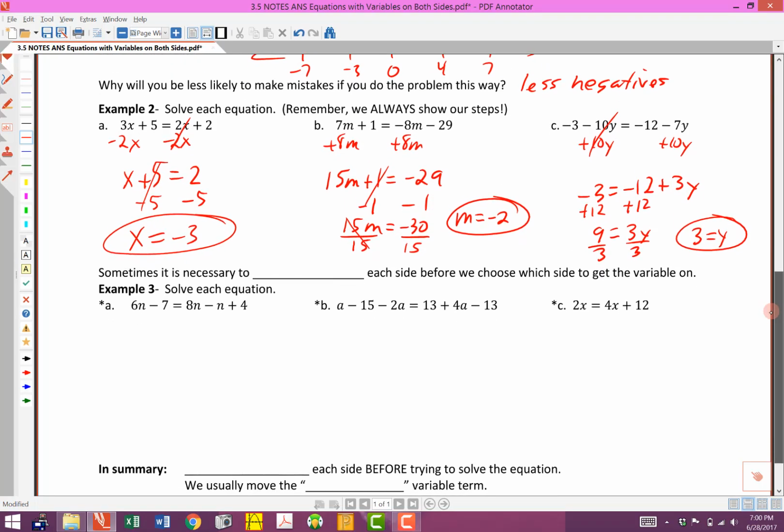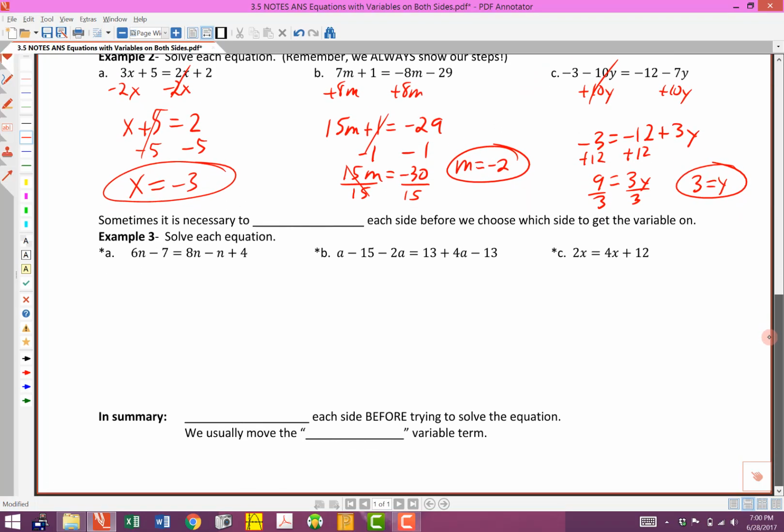Now I've got a few more problems to do. So let's take a look here. Sometimes it's necessary to, let's see if we can see what it might be necessary to do before we choose which side to get the variable on. These each have an asterisk by them for a reason. These are not simple equations with variables on both sides like we had here.